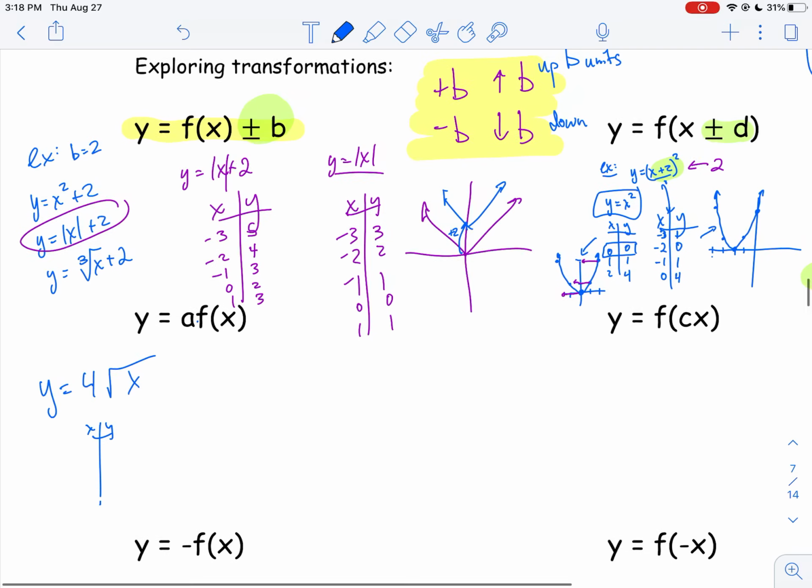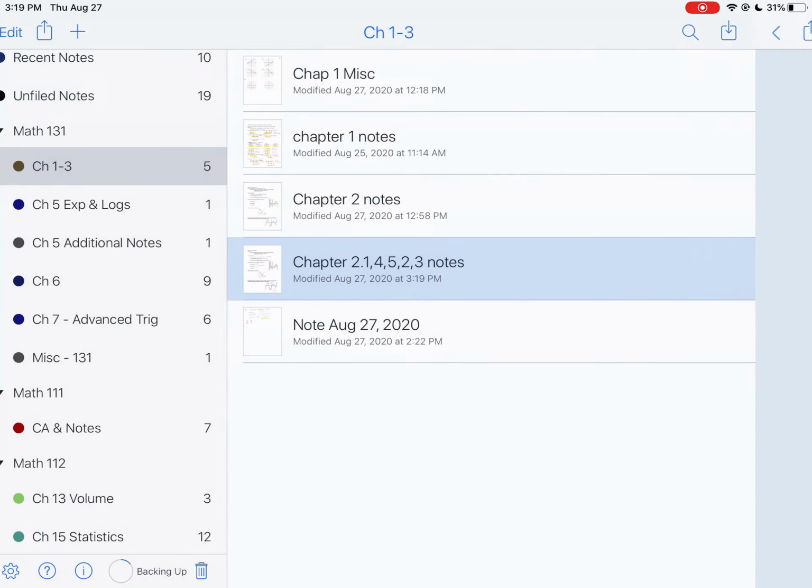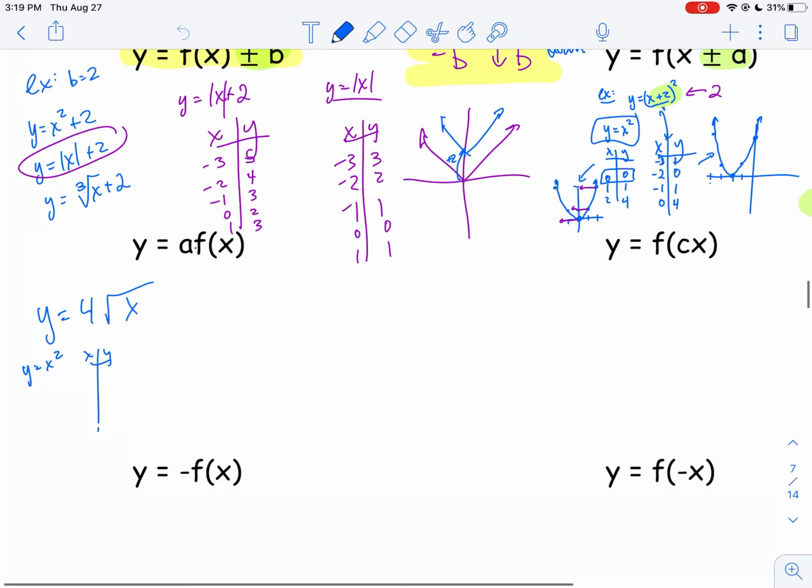If you think about our xy, our normal square root of x, we can't graph any negative numbers.